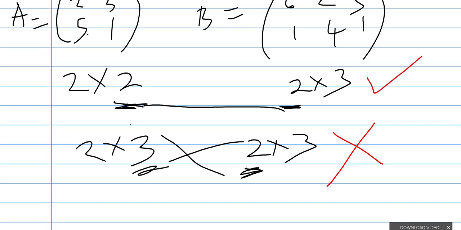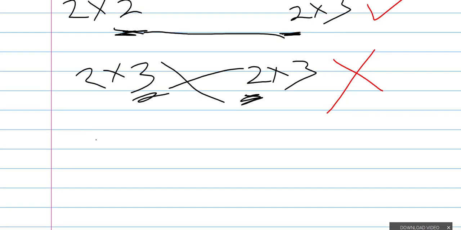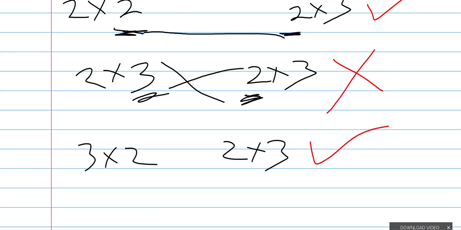But if you have 3 by 2 and 2 by 3, then this is also possible, because these two are the same. In the other case, the reason why this is not possible is because this one is 3 and this is 2.